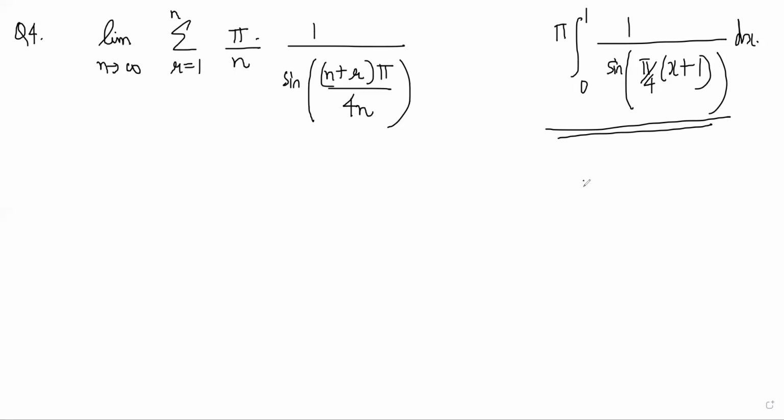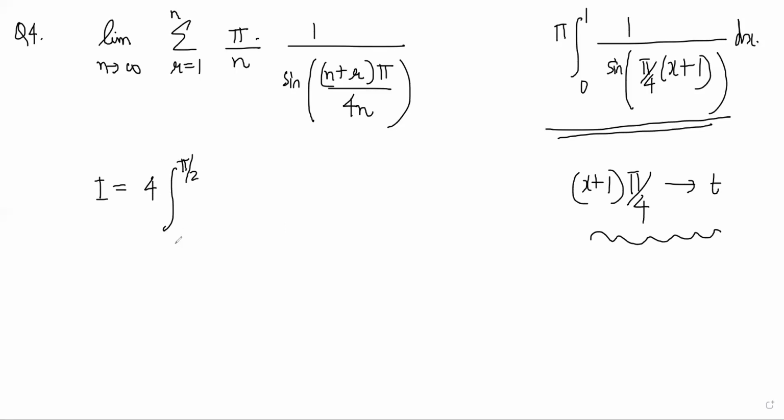You should take pi by 4 times (x plus 1) as t. Then the integral will become 4 by pi, integral from pi by 4 to pi by 2 of cosec t. Are you getting something like this?